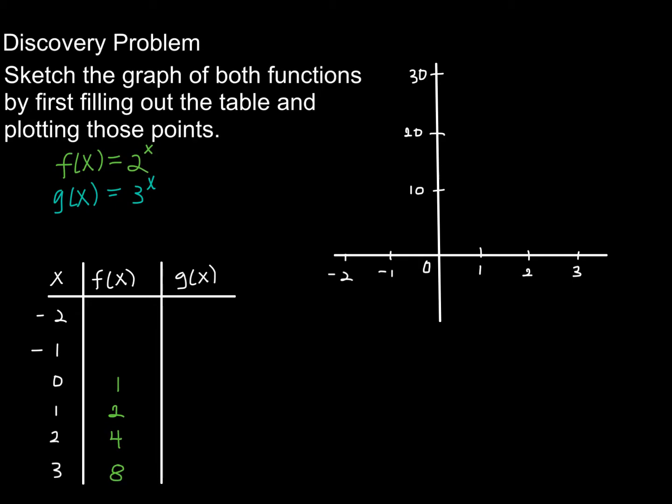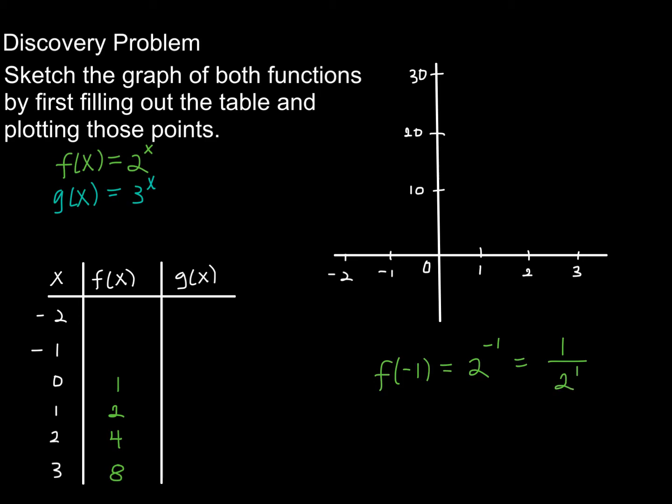All right, now let's take a look at the negative values here. And I'm actually going to show my work over here to the right. So let's say I input a value of -1 into my function f. Well, that's going to be 2 raised to the -1 power. I'm actually going to, in class tomorrow, explain a little bit more about why this works. But when I have a negative exponent, remember I move the exponential expression into the denominator and change the exponent to positive.